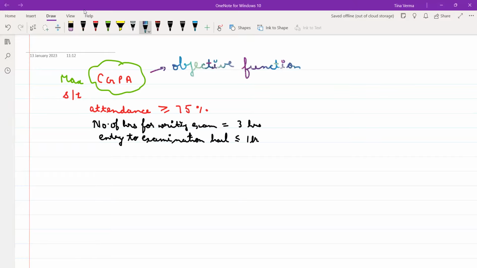And the conditions that you have to satisfy to achieve your objective, we call constraints. Is it clear?